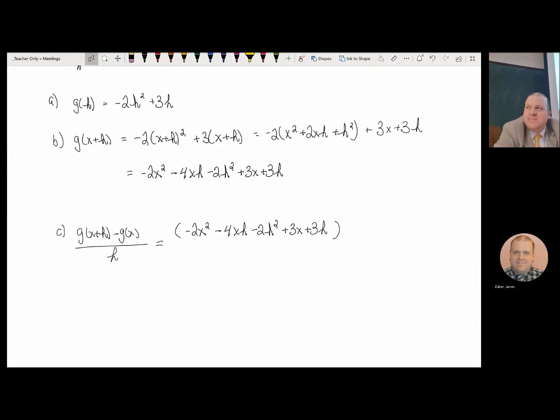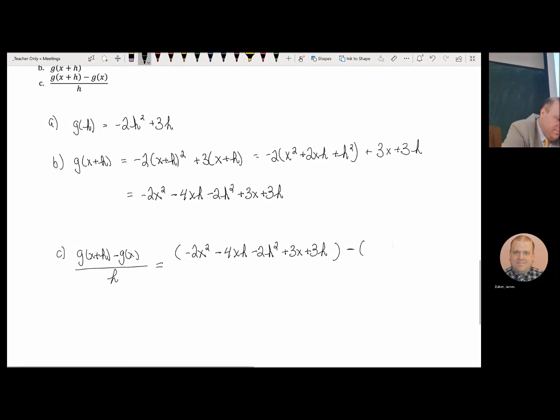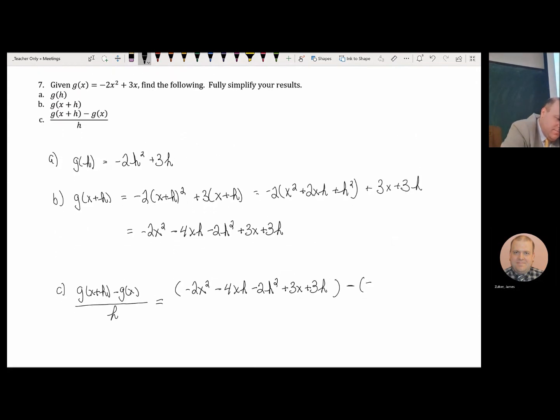Except when it doesn't work. Minus g of x, and then all over h.